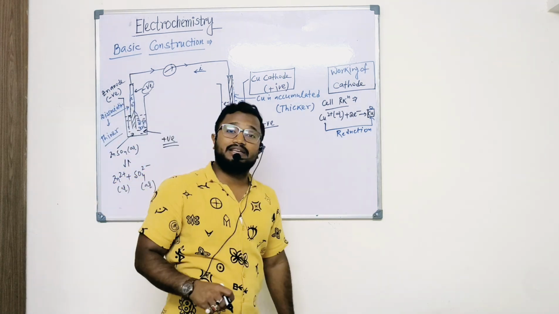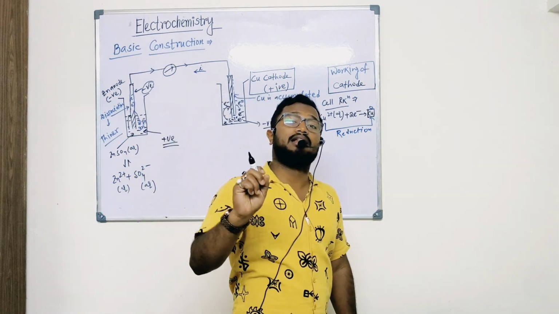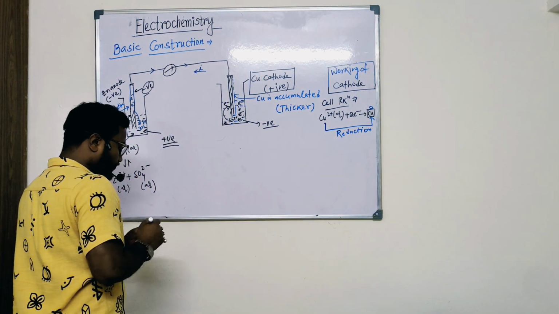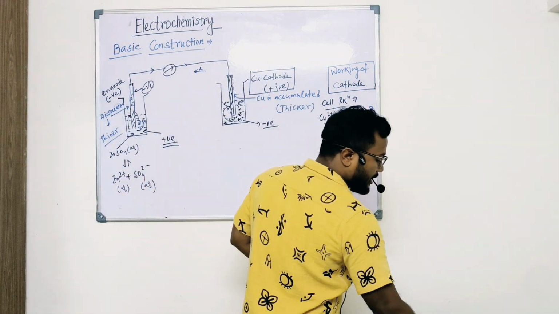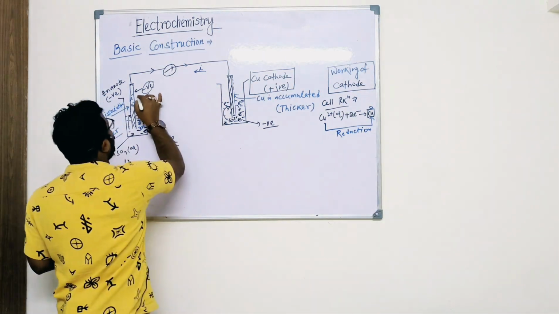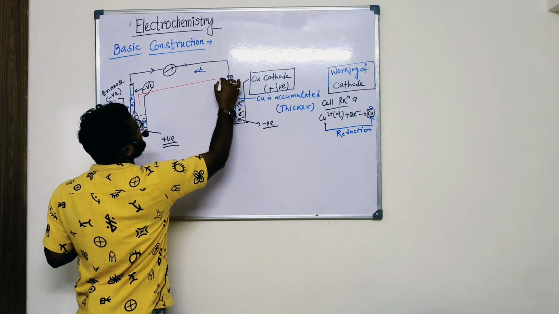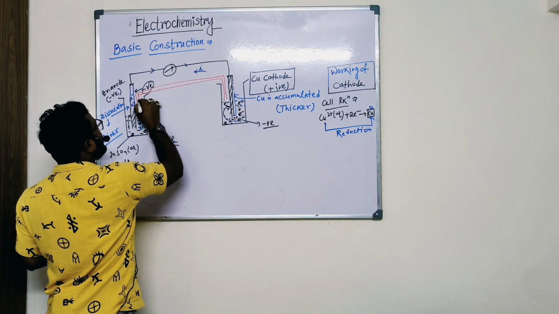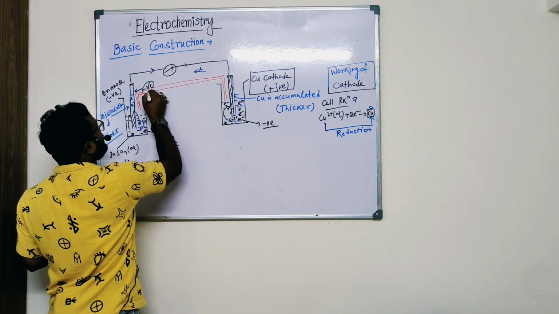So my target is how to make this cell work. To make this cell work, what do I have to do? We have to basically connect one salt bridge over here.